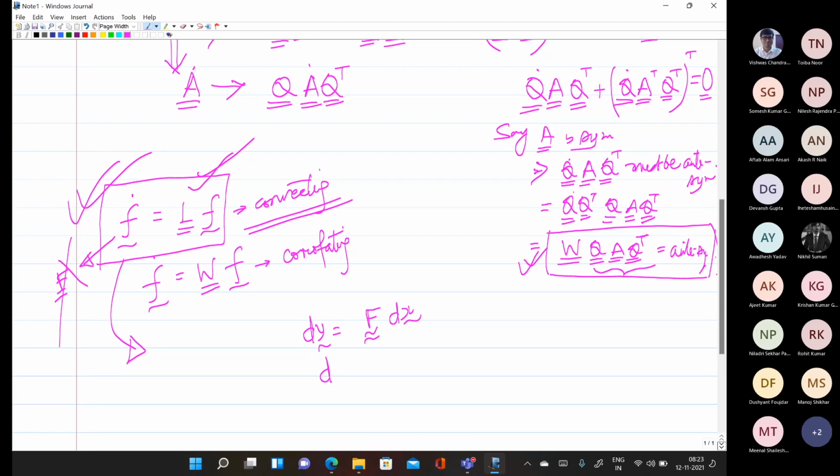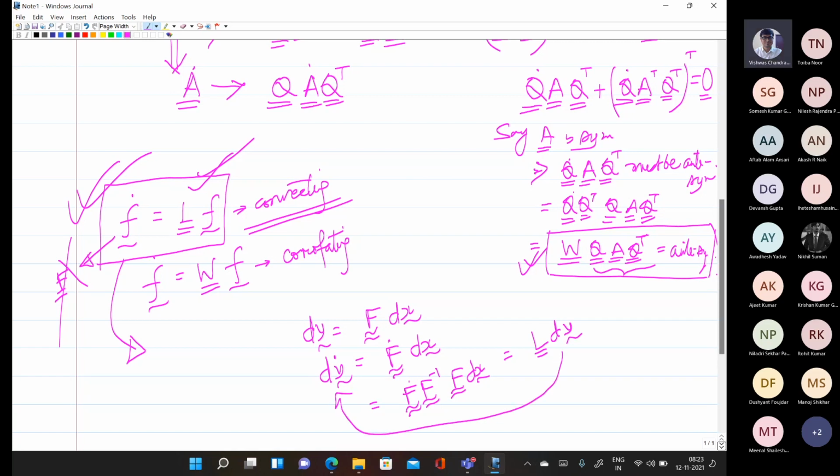So if I take the time derivative, then dy dot is F dot dx, right? Which is the same as F dot F inverse into F into dx, which is L into dy, right? So you can see that the line element, its rate is changing very simply.